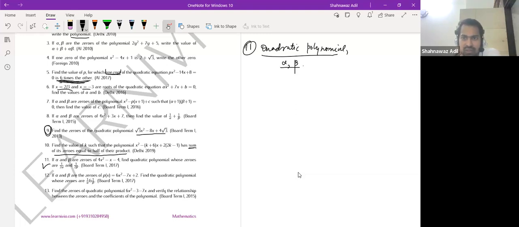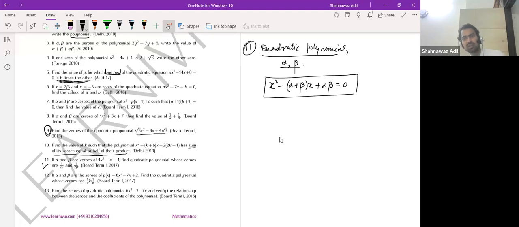Yes, Abir, what is the quadratic polynomial in the form of the roots? x square minus (alpha plus beta) x plus alpha into beta. So Amira, this you already knew, right? Yes, sir. So this is what I was asking. In the form of alpha and beta, this is the quadratic equation.